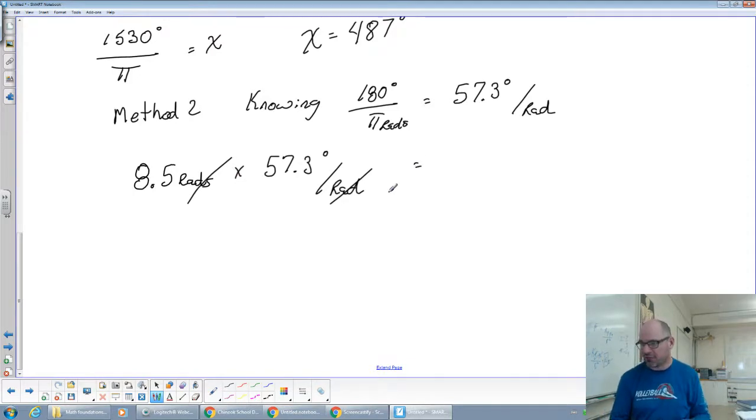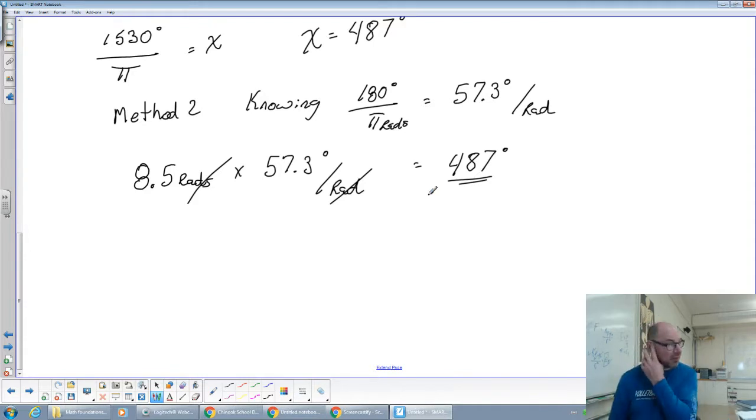So it should give us about the same thing. 8.5 times 57.3, so that's 487 degrees. Okay, so there's 2 ways you can do that converting.